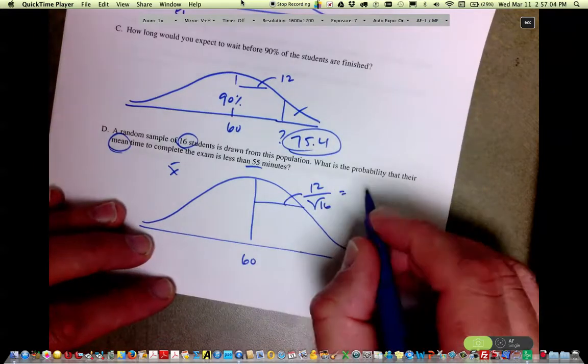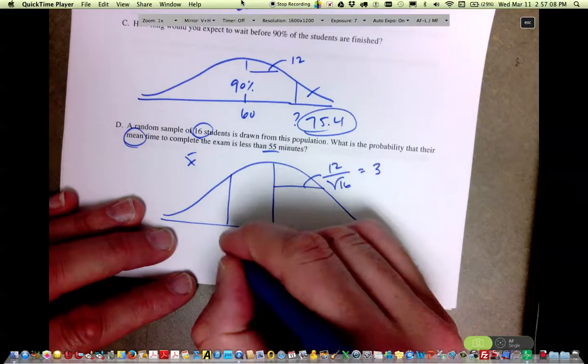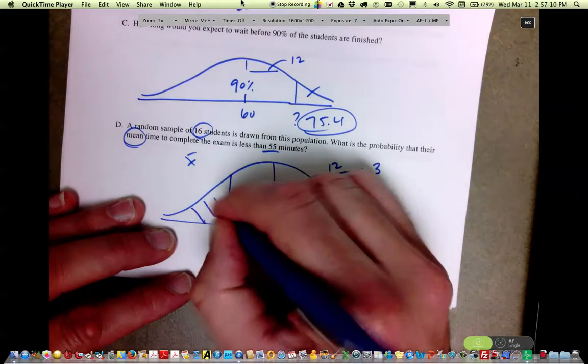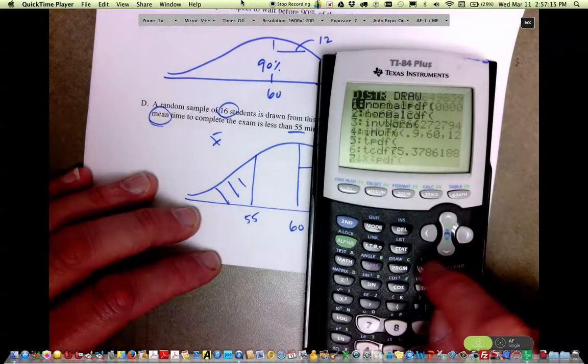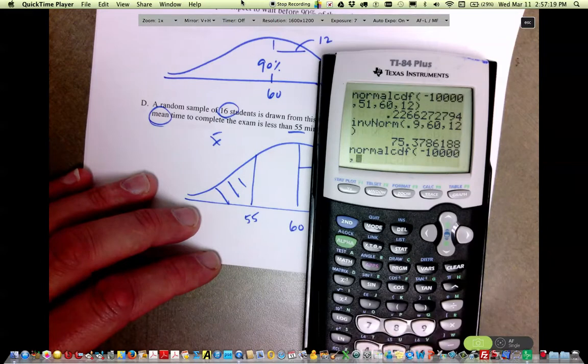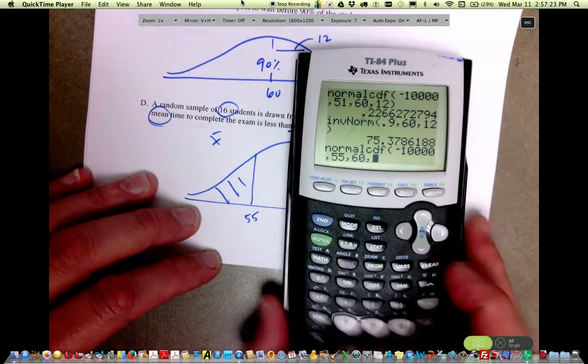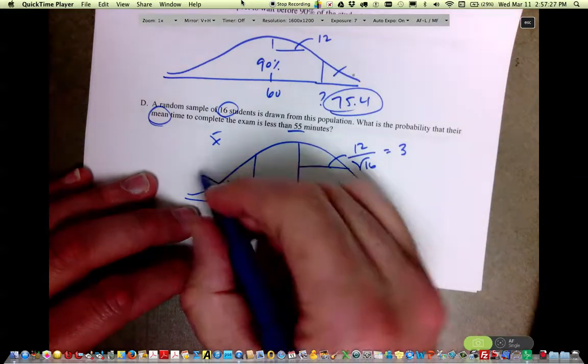So 12 divided by 4, that's going to give me 3. All right, and then we want to know the probability of being to the left of 55. So now we do normalCDF, negative infinity to 55, mean of 60, standard deviation now is 3. We end up with about 4.8%.